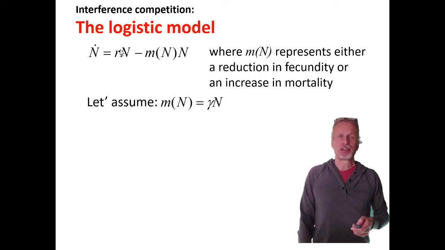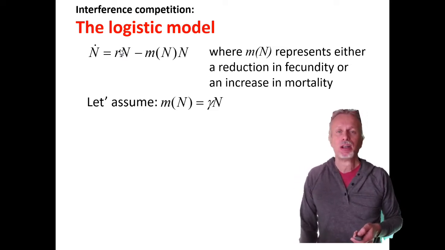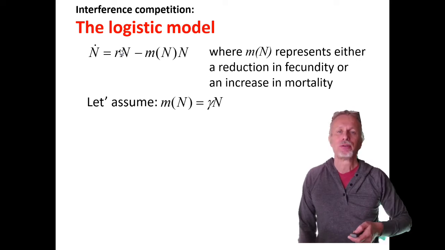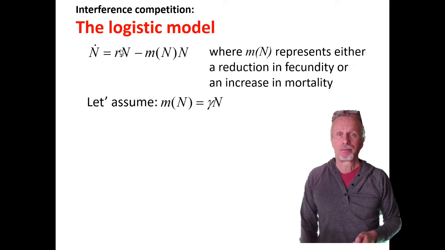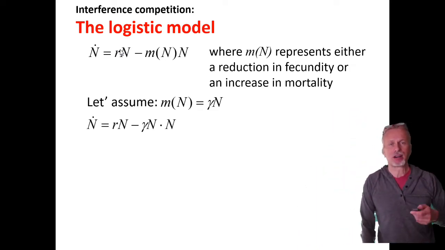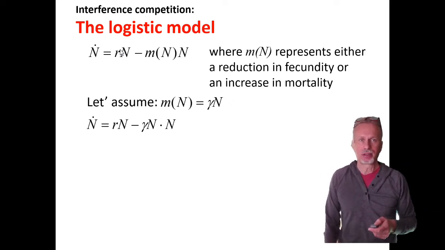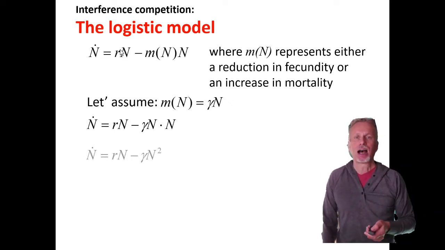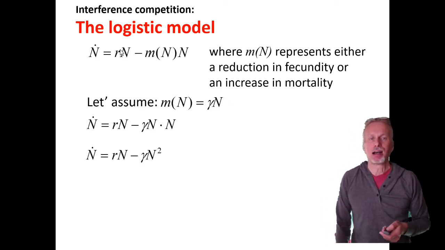Now, let's assume that this term is actually proportional to the density of the individuals times a parameter gamma. So we can rewrite our equation as dN/dt = rN - γN times N. That means basically this is -γN².